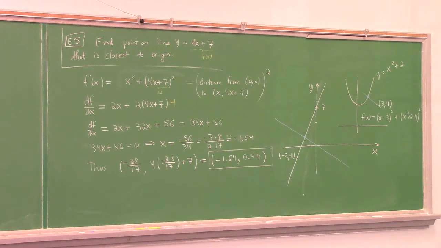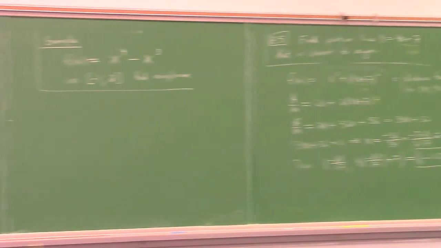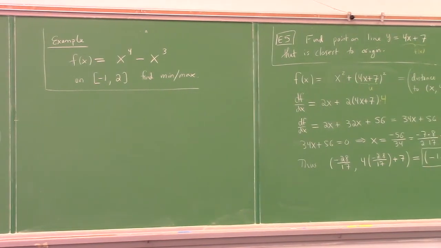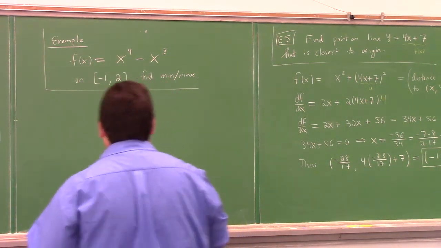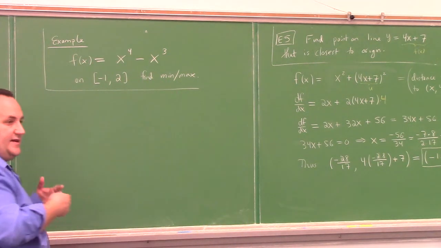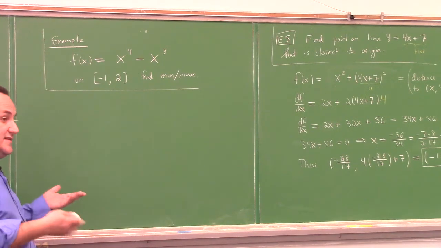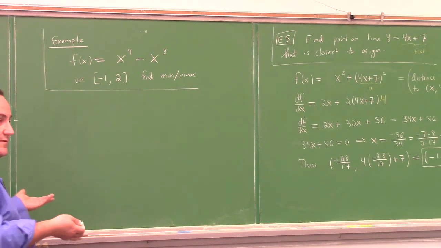So what the closed interval method says is just this. If you have a continuous function on a closed interval, well, first of all, the extreme value theorem says that the minimum and maximum are attained. Closed interval method says you can check the endpoints and then check any critical points, and the max and the min has to be at one of those points.